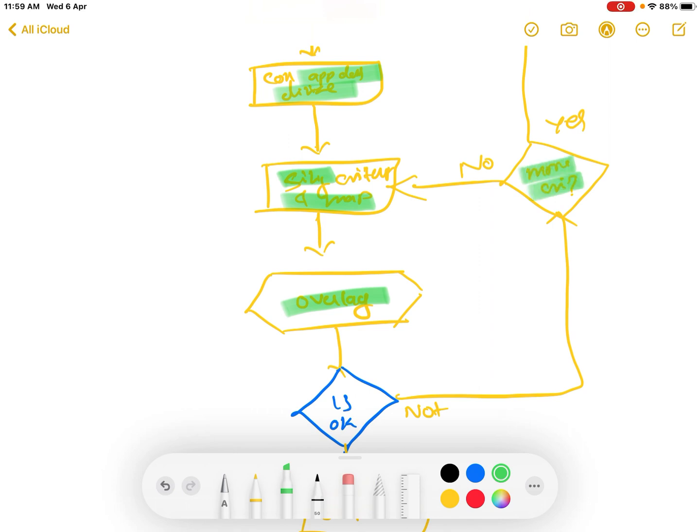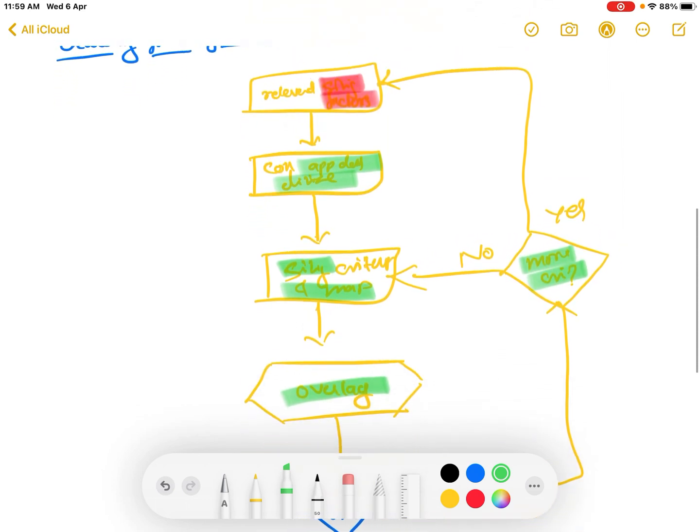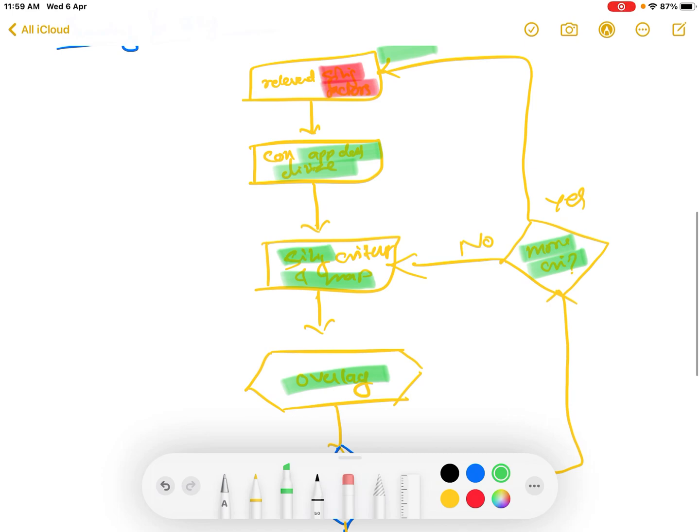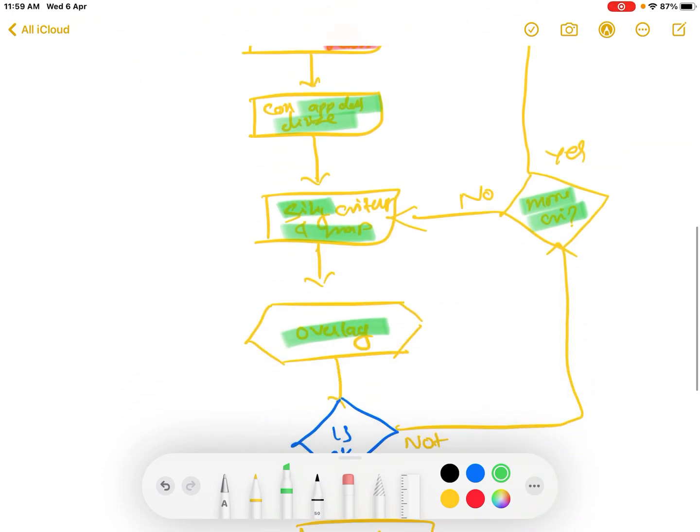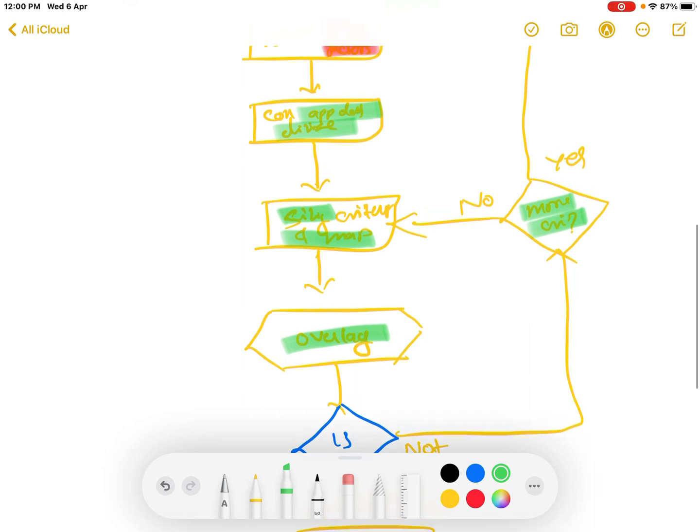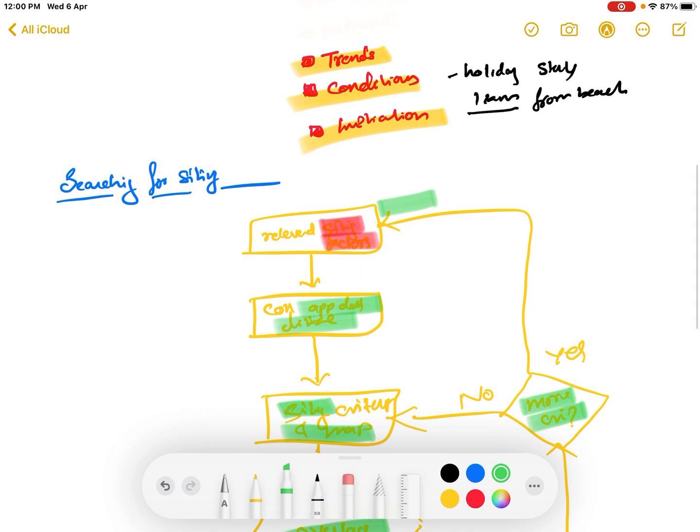Then we are doing a map overlay, and if the output is okay, we are giving the output. If it is not okay, we are looking for whether there is a requirement for more criteria. If there is, then we go straight to identify more criteria and we'll execute the loop once again. Else, if you don't want more criteria, then we'll identify the siting criteria again and map it again. Okay, so this is how you search for sites.